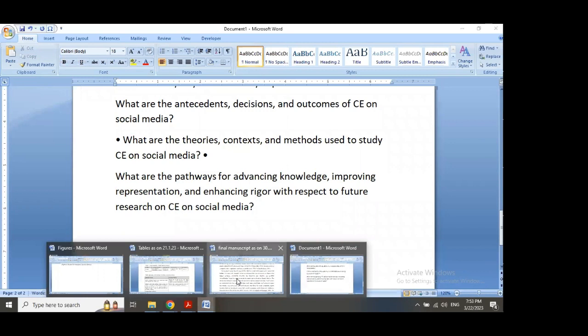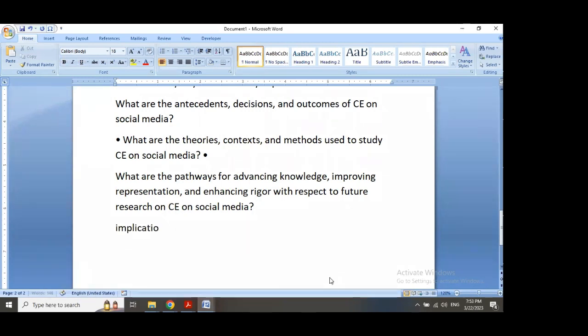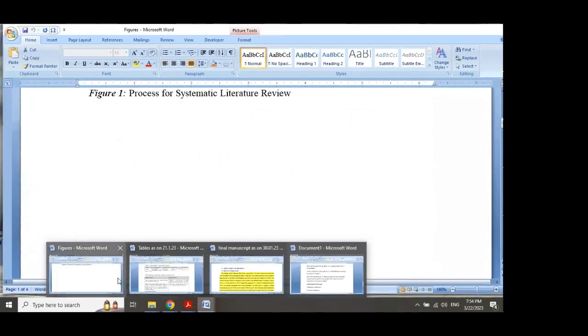Next comes the implications of the study, right? In implications, there are two aspects: theoretical implications and practical implications. These are the two parts that will come here. In theoretical implications, now you will be connecting all the theories again here.